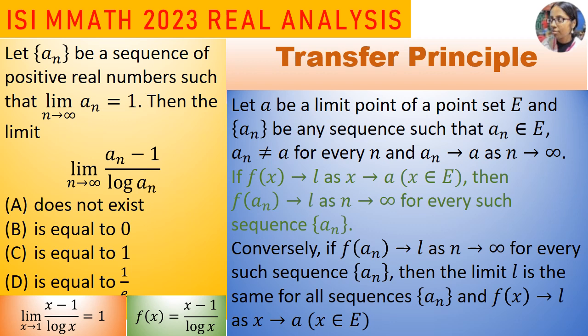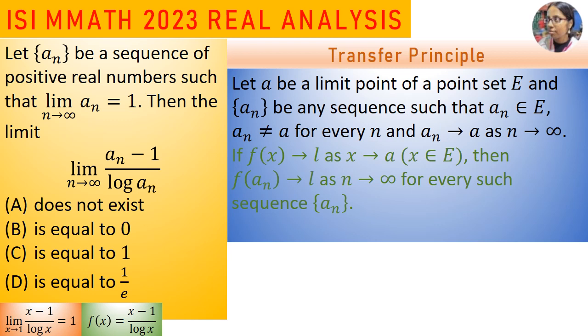Now, we use the first part of the transfer principle, that is the necessary condition. Since f(x) equals (x minus 1) by log x and the limit as x tends to 1 of f(x) equals 1, here a equals 1, and 1 is a limit point of the set of all real numbers.